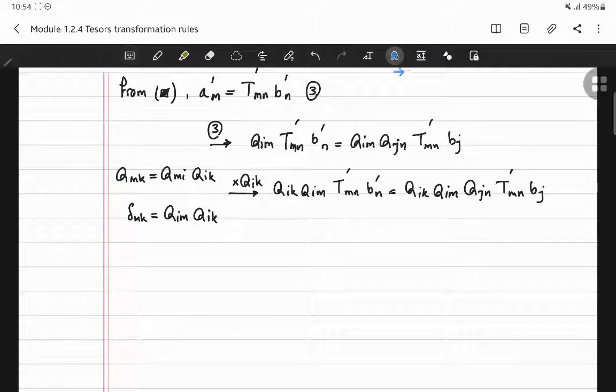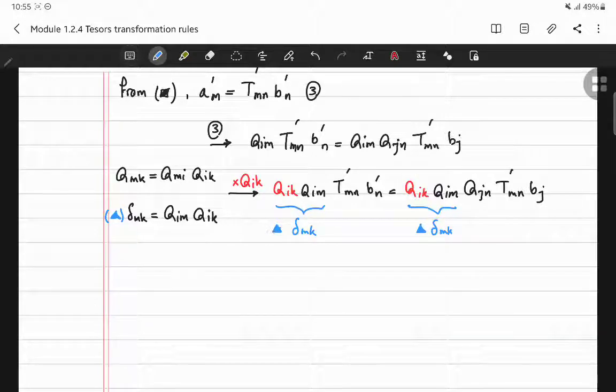And maybe I can change this to a red one. So we multiply it by Q_ik. And this is nothing but, so from, let's say, this rectangular here, this is delta mk. And from here, we have delta mk.